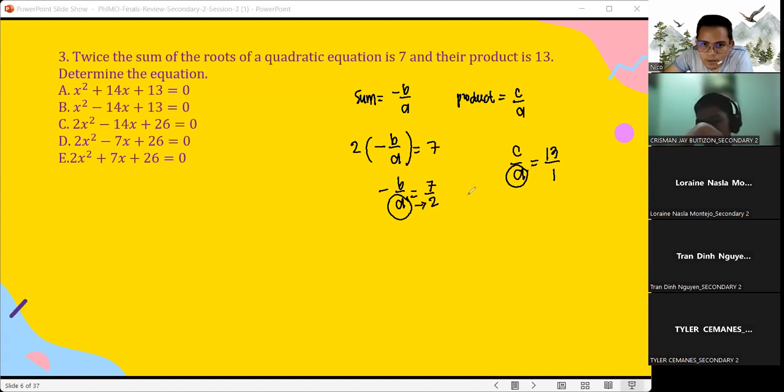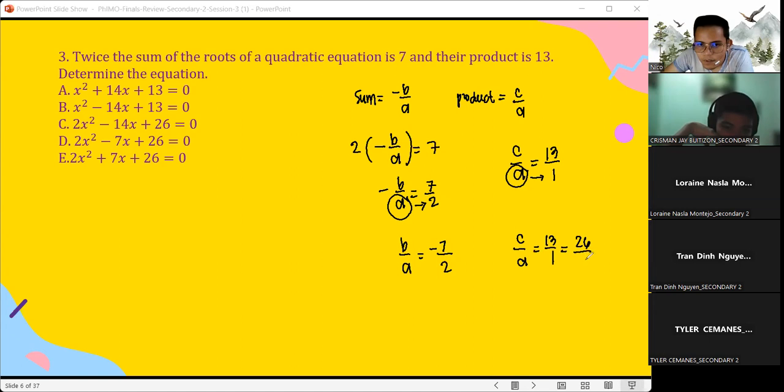So if you want the corresponding values to be the same, the b over a, which is 7 halves, the c over a, which is 13 over 1, it will be 26 over 2 also, right?